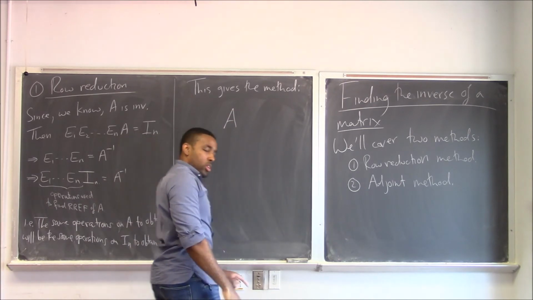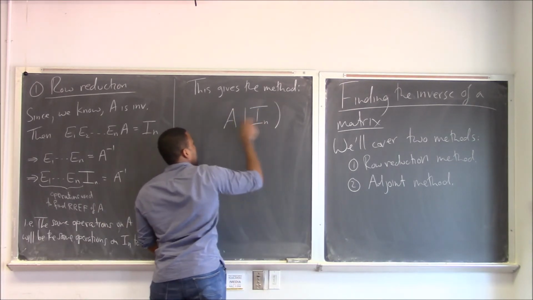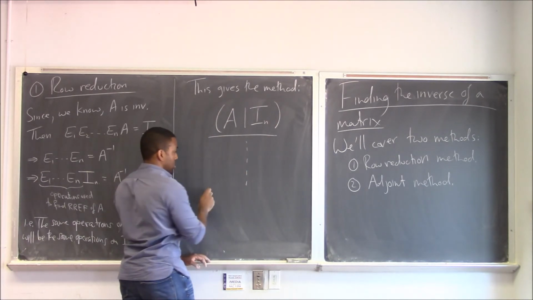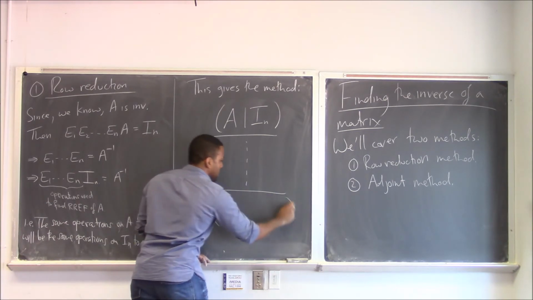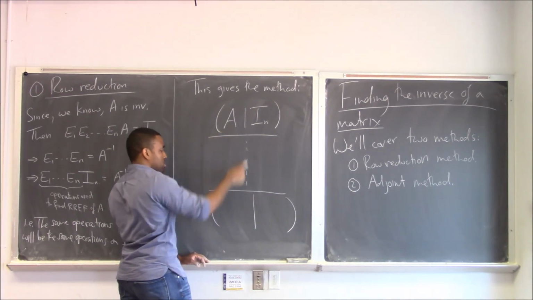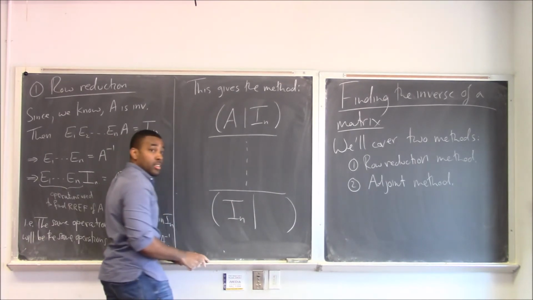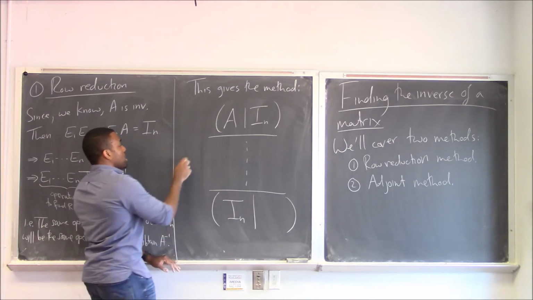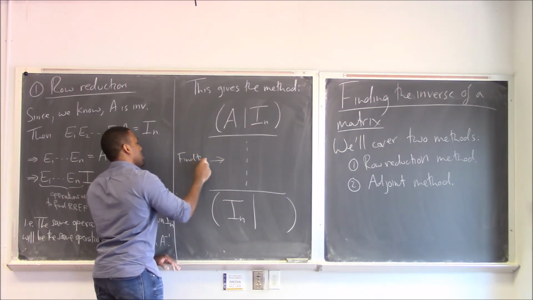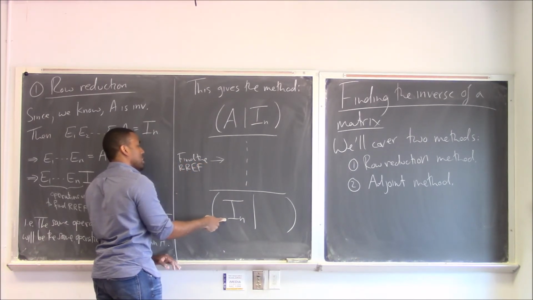Here's a matrix that I want to find the inverse of, augmented with the identity. What do I do now? Do a bunch of row operations. The goal is to find the reduced echelon form of A, which, because it's invertible by assumption, is going to be the identity.